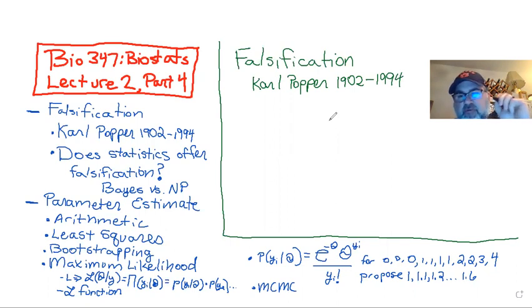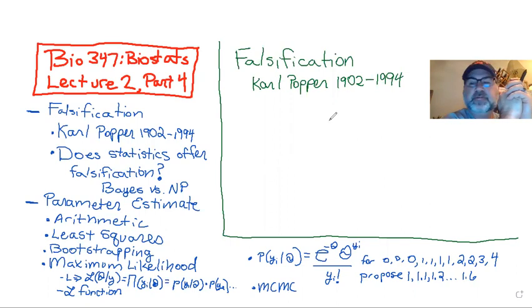And if you can't prove it false, so we don't try to prove it to be true, we try and prove it to be false. And if we can't, it means it's a good hypothesis, okay? So this sounds great. And you talk to most scientists and they think this is how the world works. We go out and we try and falsify hypotheses.